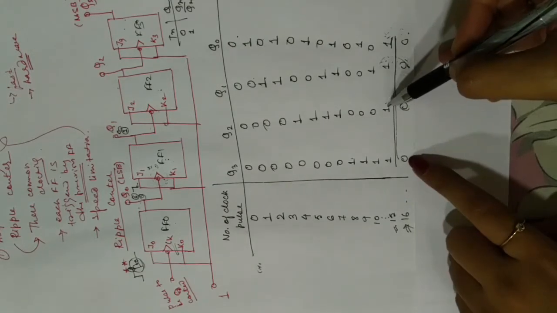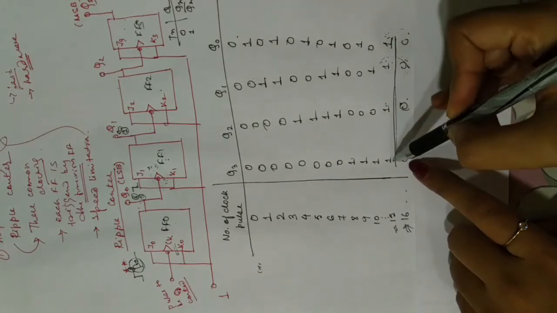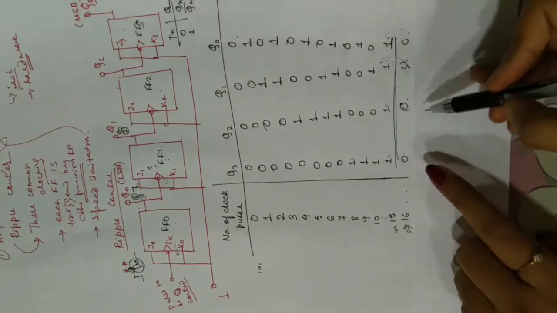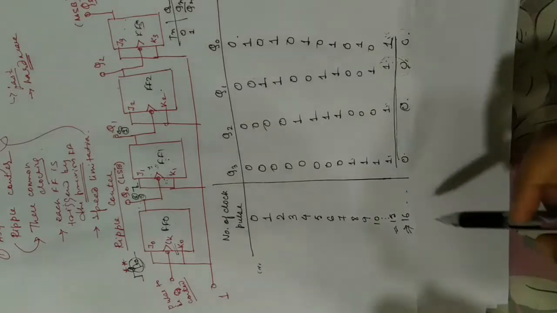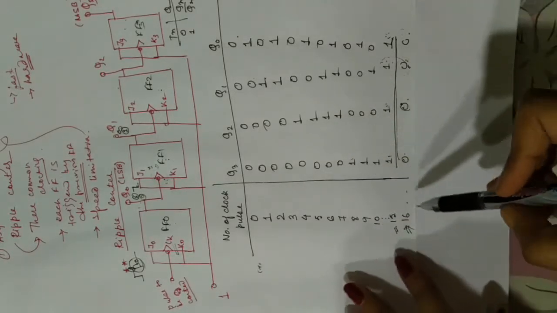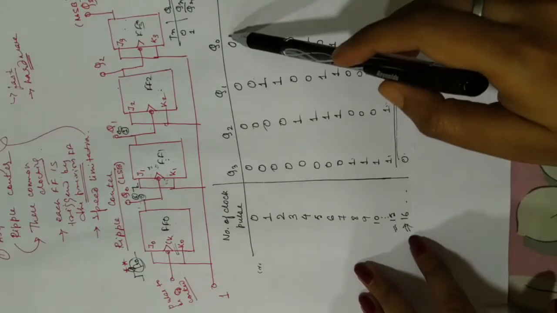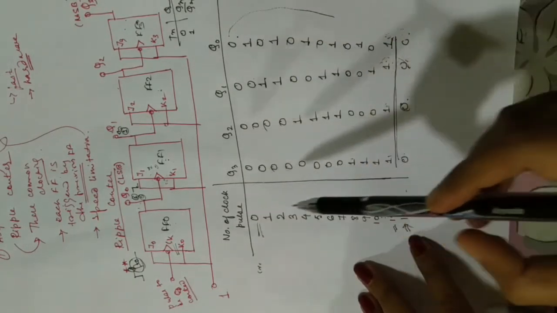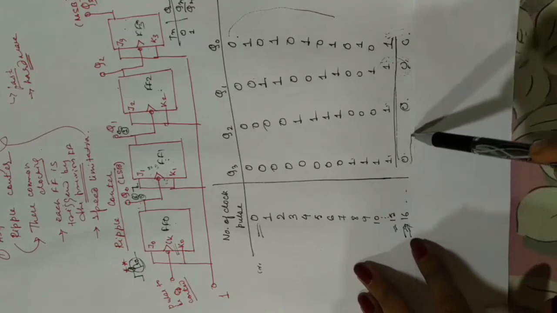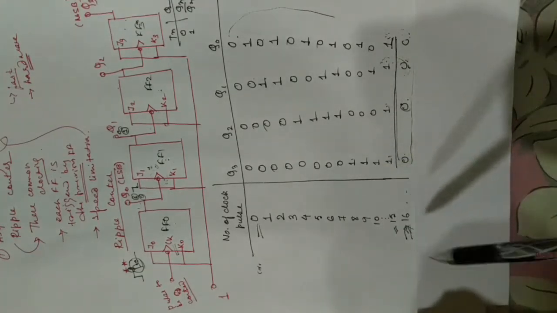Similarly, since Q2 has changed its state from 1 to 0, Q3 has also changed its state from 1 to 0. That means the counter begins to work again, that is, it starts from its initial stage again. Initially it was 0 0 0 0. On the 16th clock pulse it has again become 0 0 0 0, right?